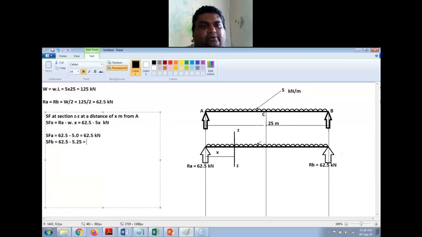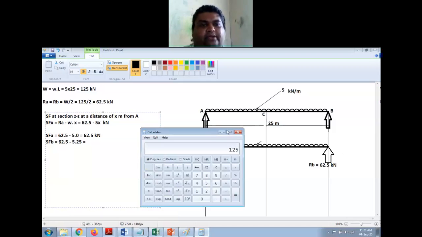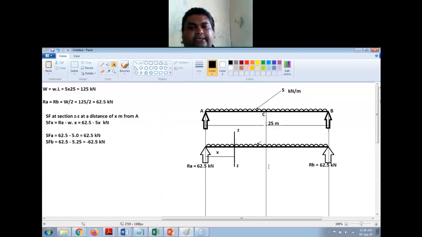So this will be equal to 5 into 25 is 125. So 62.5 minus 125. So it will be minus 62.5 kilonewton. Right? So the shear force at A and B are equal, but they are opposite in nature.